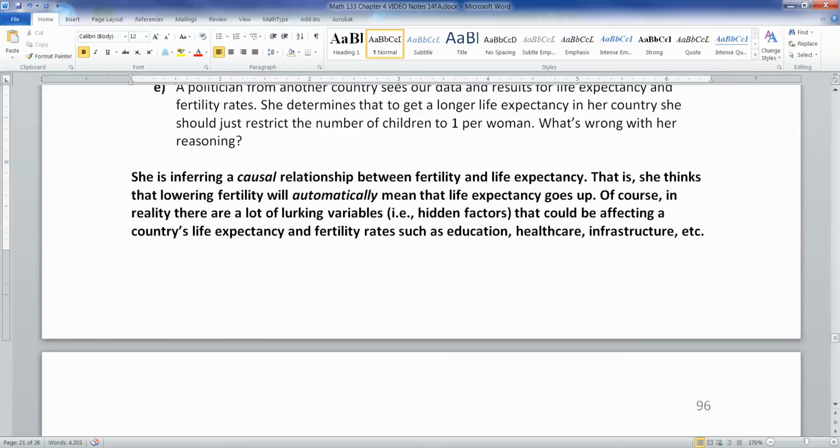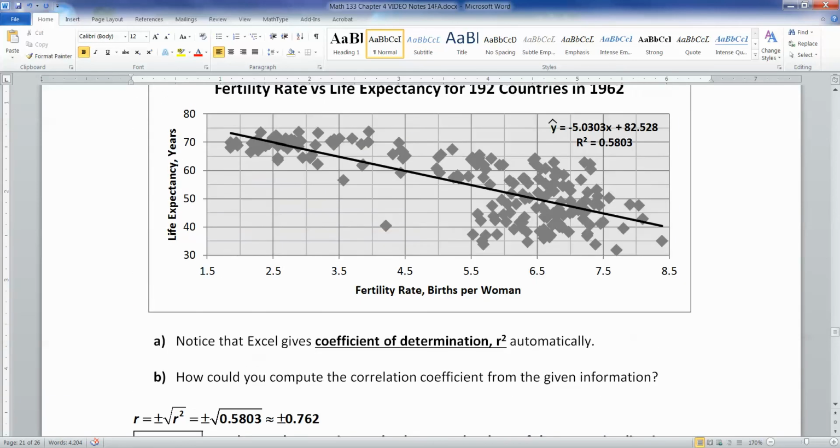So, of course, in reality, there are a lot of lurking variables. That's our fancy word for hidden factors, hidden things that are going on that aren't accounted for in our data set, that could be affecting both a country's life expectancy and their fertility rates, such as education, the healthcare, the infrastructure, whether or not women have power in relationships in that society, etc. All of those things affect life expectancy and fertility, but they're not showing up in this graph directly.